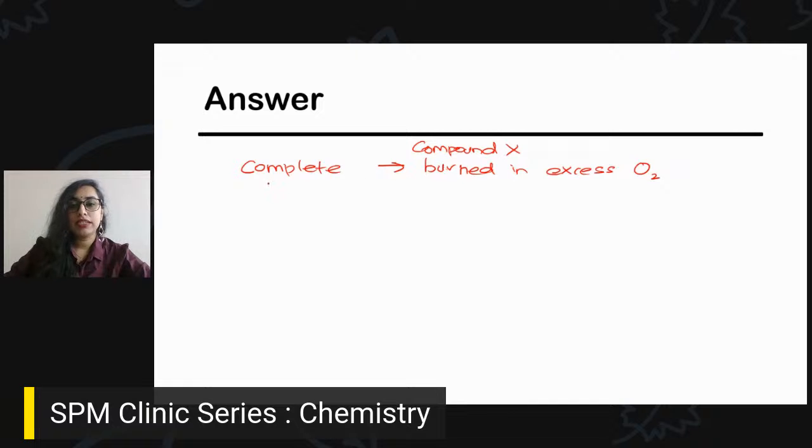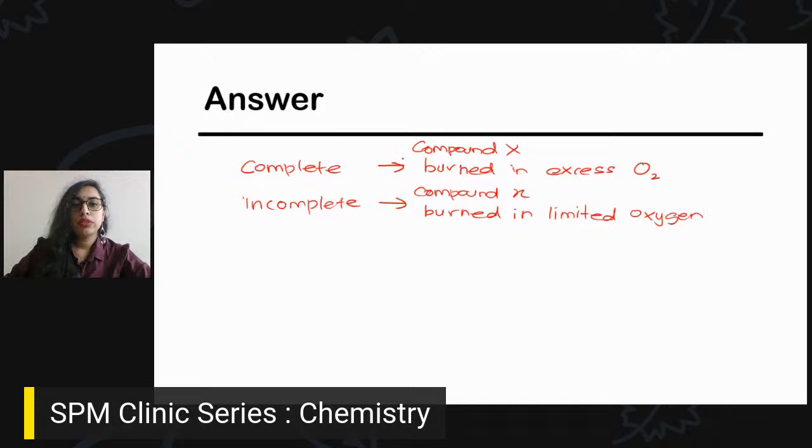If it is incomplete, compound X burned in limited oxygen. The difference in observation is that complete combustion gives blue flame and no soot, while incomplete gives yellow flame with soot.